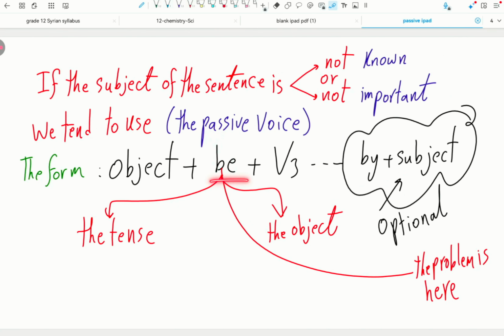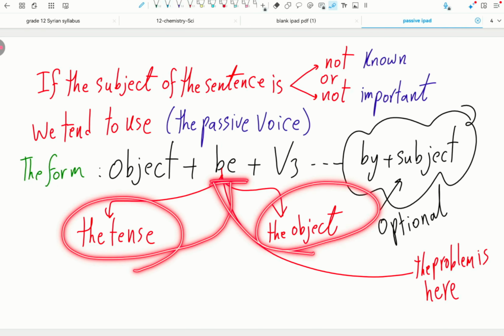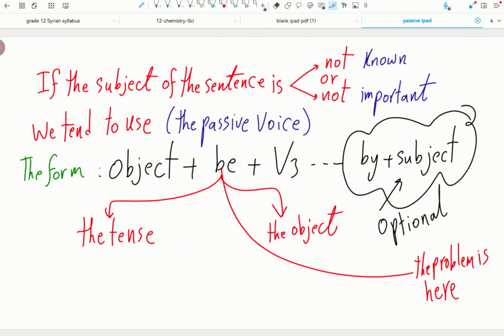And we said that using verb to be should be in accordance with the tense and the object. And always, my friends, in passive voice, no matter what the tense is, no matter what the subject or the object are, we use verb 3. Always verb 3 is used in passive voice.